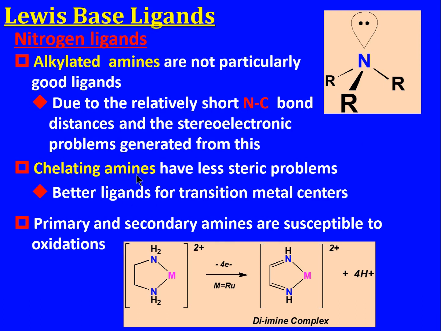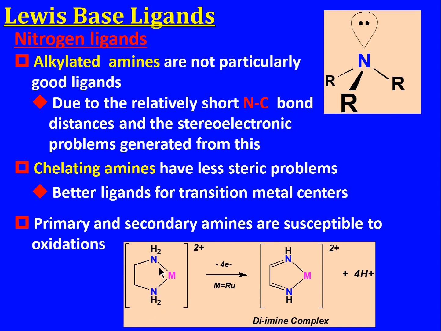Chelating amines such as alkyl diamines have fewer steric problems, so they are considered better ligands for transition metals. But the problem of chelating amines is their susceptibility to oxidation. Consider, for example, ethylene diamine, which is a primary amine from the two sides.